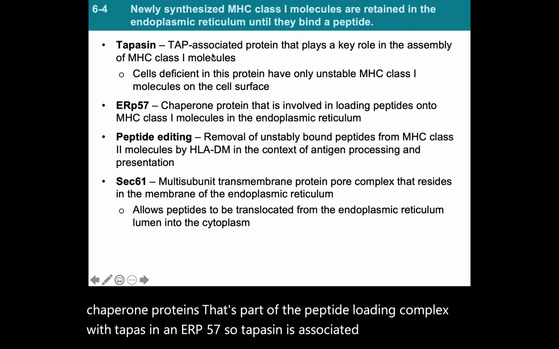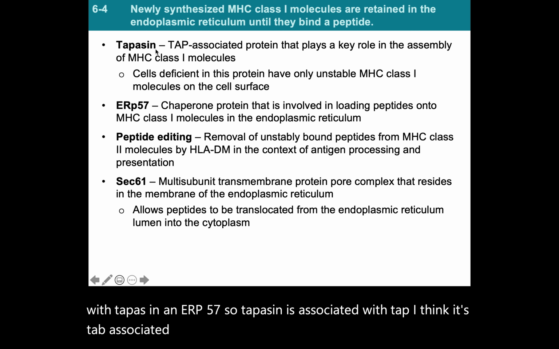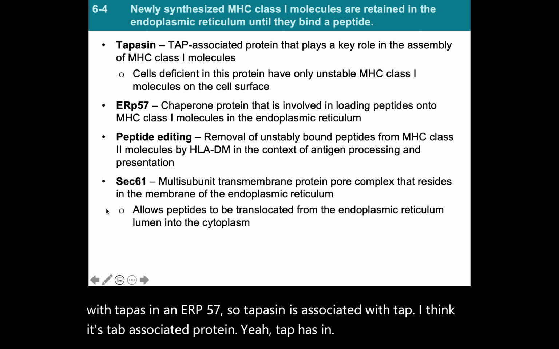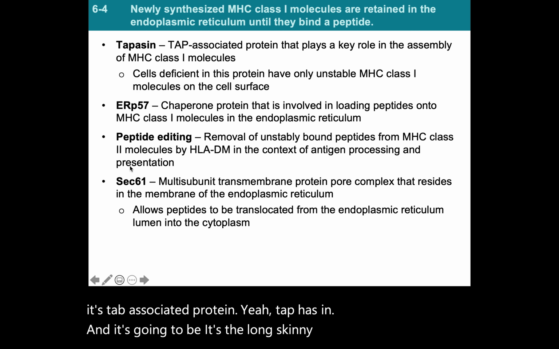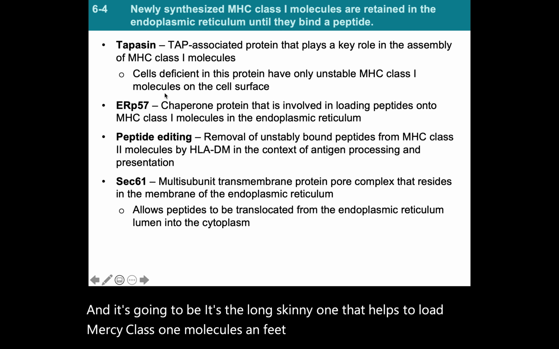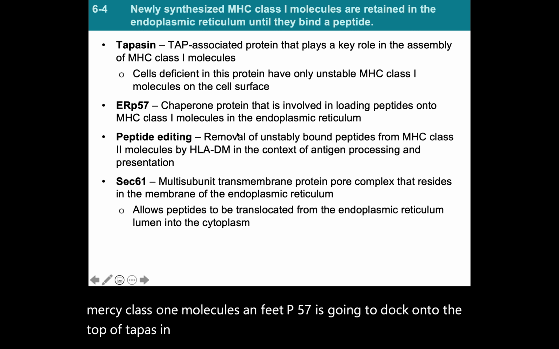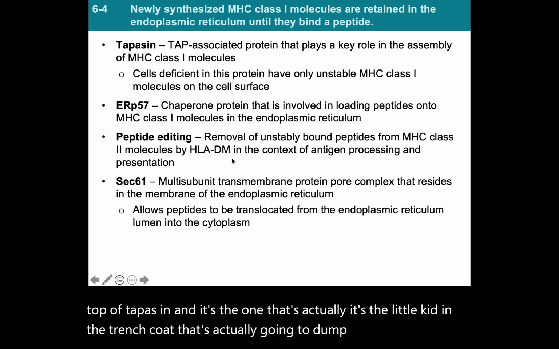I think it's TAP-associated protein. Yeah, tapasin. It's the long skinny one that helps to load MHC class 1 molecules. And ERp57 is going to dock onto the top of tapasin, and it's the little kid in the trench coat that's actually going to dunk the ball through, if I remember right.